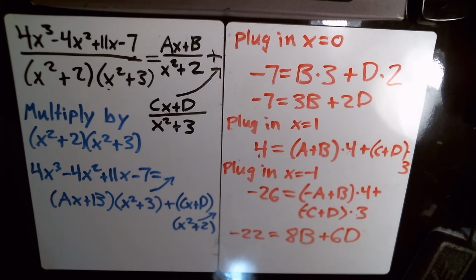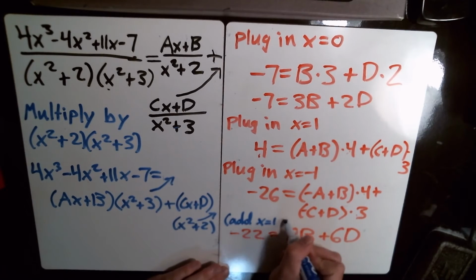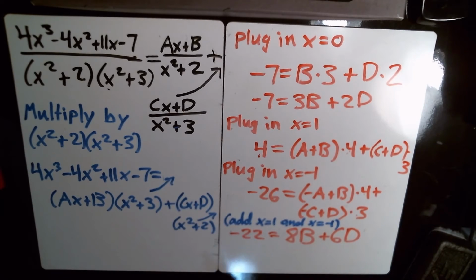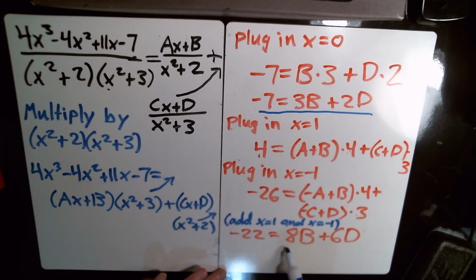Okay? So this is a really good situation to be in. So I added those two equations to get this. So now I had this equation from earlier that only had b and d in it, and then I have this equation that only has b and d in it, so I can solve for b and d now.